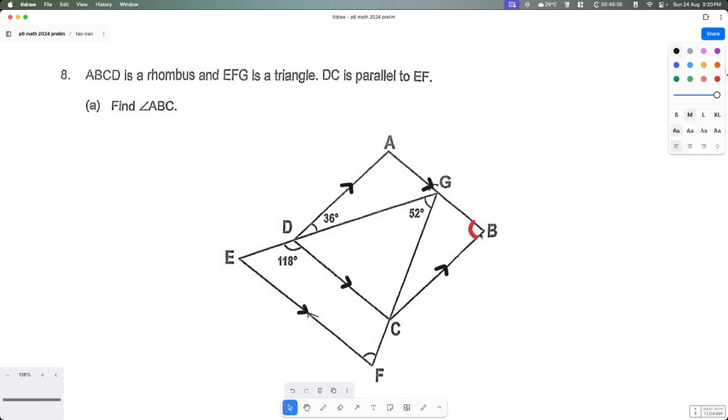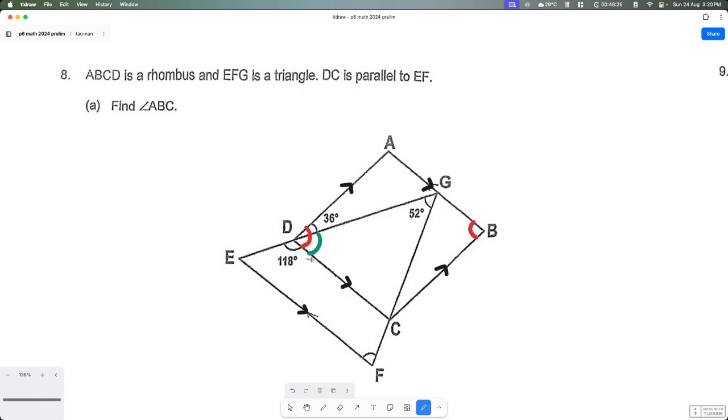Okay, so how do we get ABC? In this case, the only clue that we can get is this. ABC is also equal to this part over here, and then we know one of the angles, which is 36. That means we can get the other angle as well, which is, let me put a green angle.